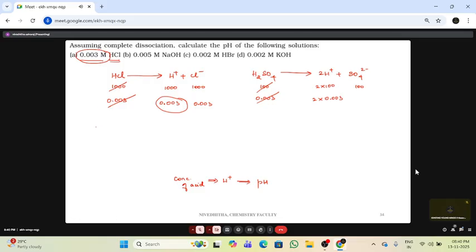So for the first case, could you please calculate the pH? Here the value is very small. Please write it as 10 power minus something so that it will be easy for you.